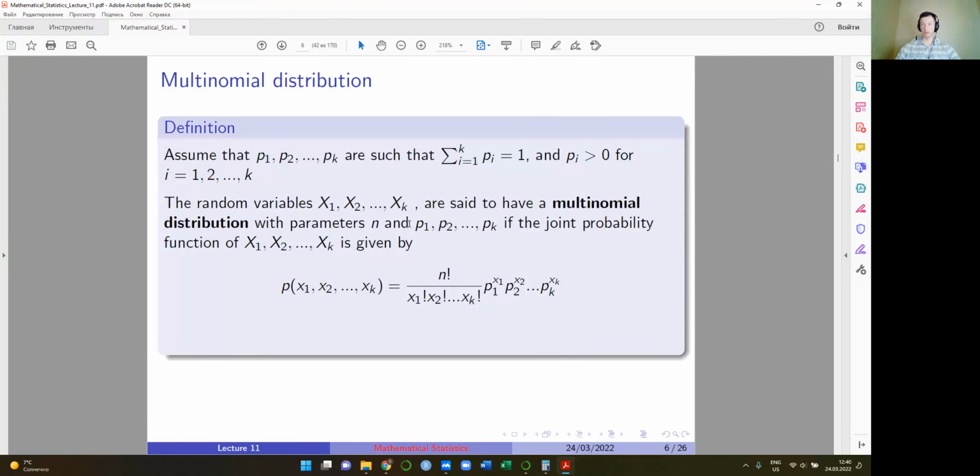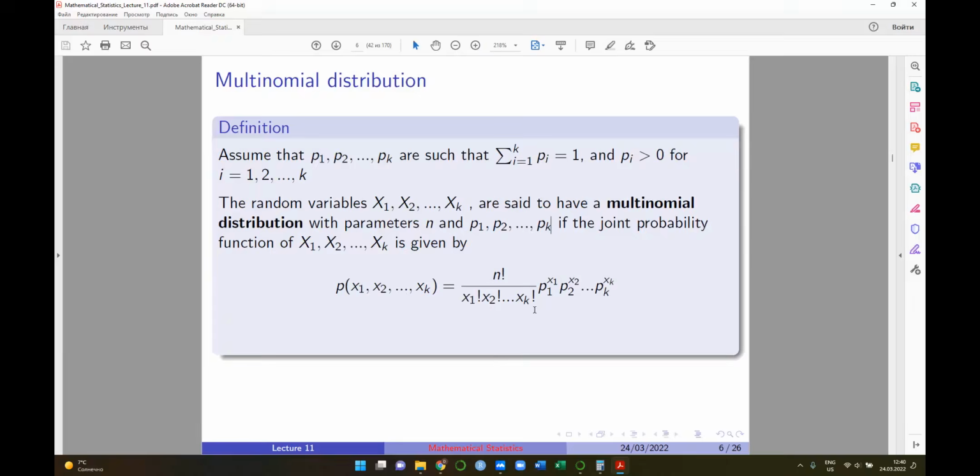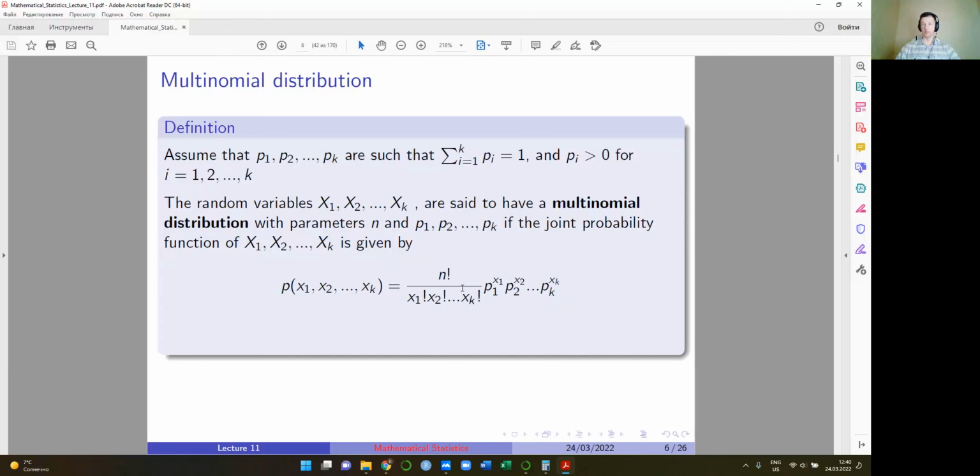So this is a joint distribution of k variables. This distribution has parameters n and p1 to pk, and the distribution function is given in the following way. If we reduce this to 2 groups, k equals 2, then we will get the binomial distribution. So this is the extension, or a generalization, of the binomial distribution when k is greater than 2.